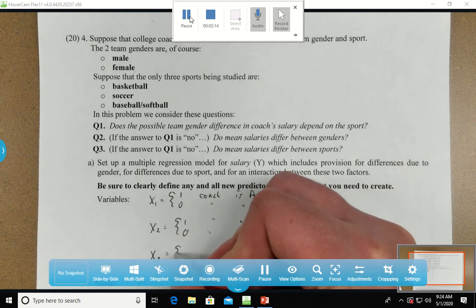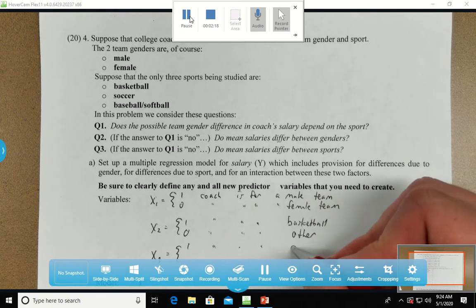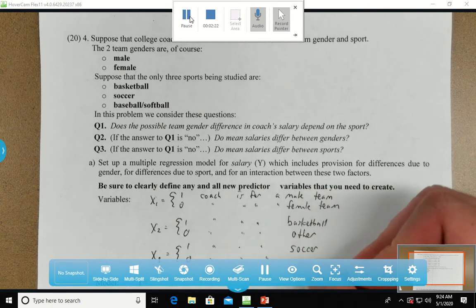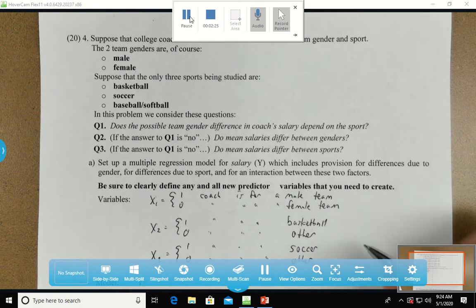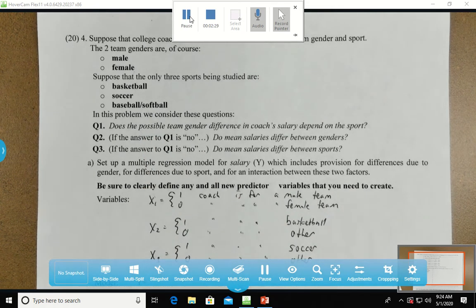And then x3 will be 1 if the coach is for soccer, and 0 if the coach is for other. In other words, if you are baseball or softball, you're going to be 0, 0, 0.